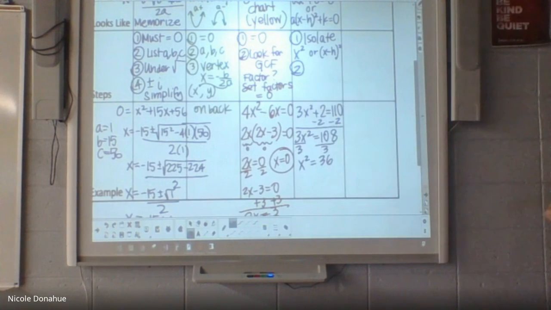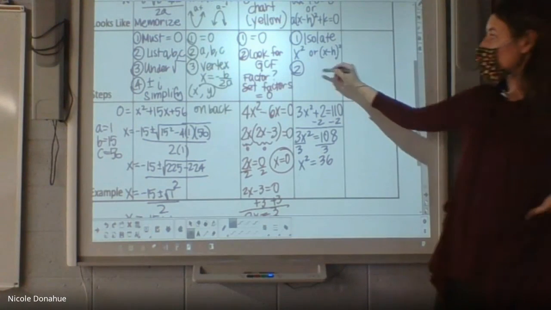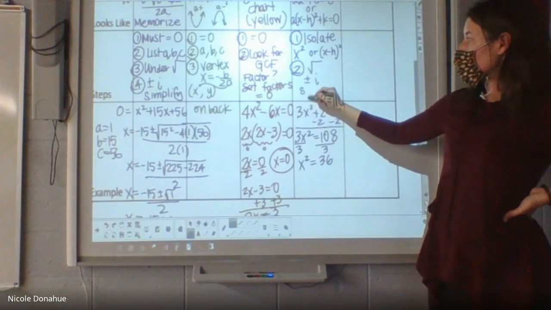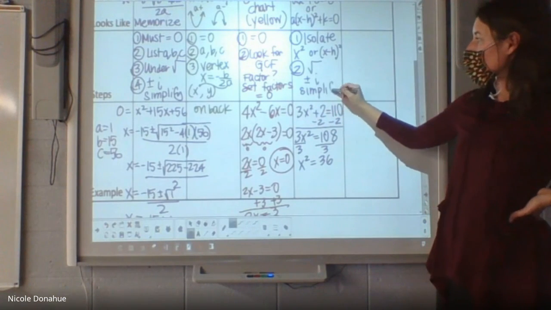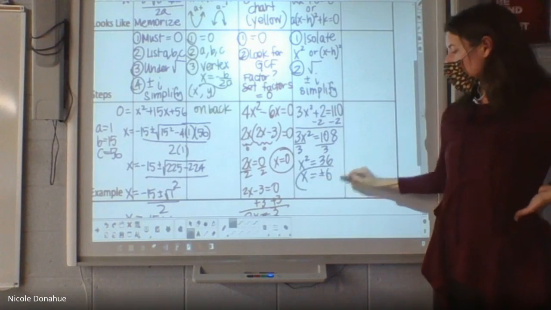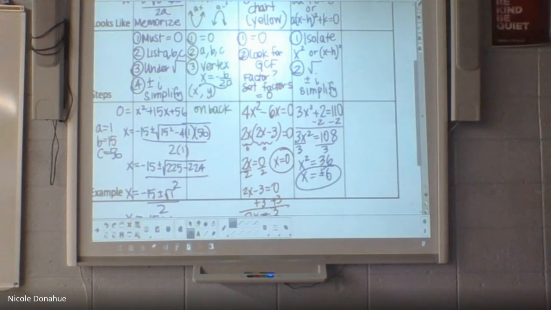And then I want to take the square root of each side, and I want to remember positive and negative, also i if needed. So the square root of 36 is 6, but it also could be a negative 6, so plus or minus 6.